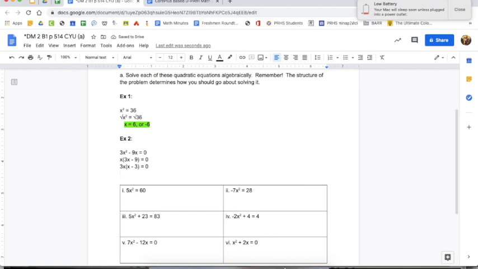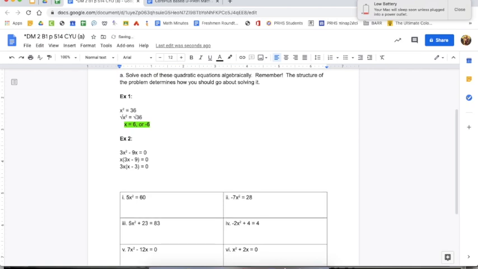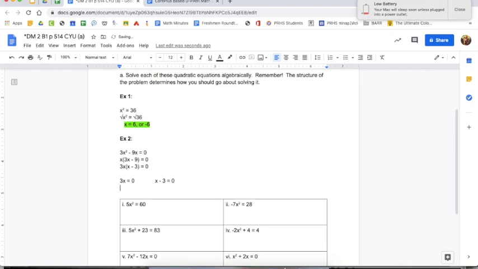You can do this without factoring out the 3, but I think you should. And then, to solve this, we've got two smaller problems basically, like 3x equals 0 and x minus 3 equals 0. And I'll attack those separately.